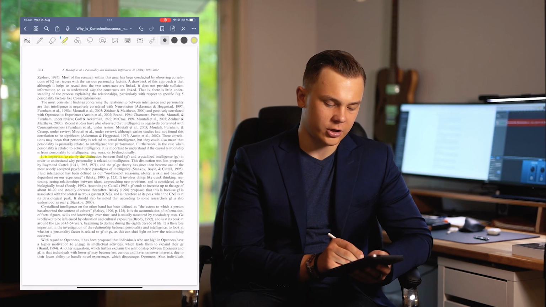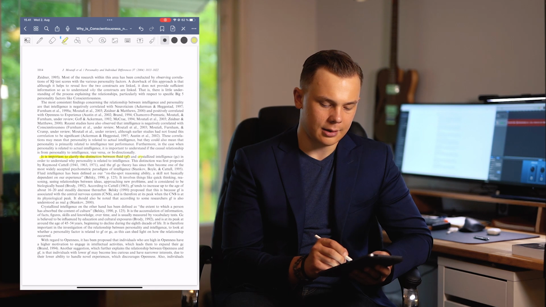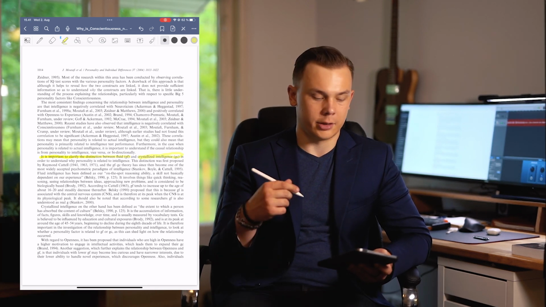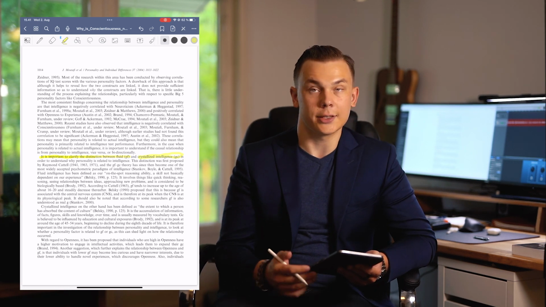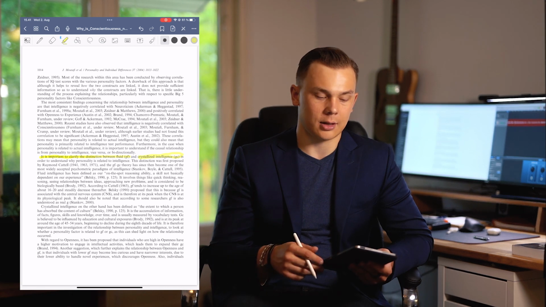There's a lot of terminology that the authors are going to use later on in the paper that gets explained in the introduction. So for example, here in this specific paper, the authors mention that it's important to clarify the distinction between fluid intelligence and crystallized intelligence in order to understand why personality is related to intelligence. And that's a very crucial piece of information as the study goes on.